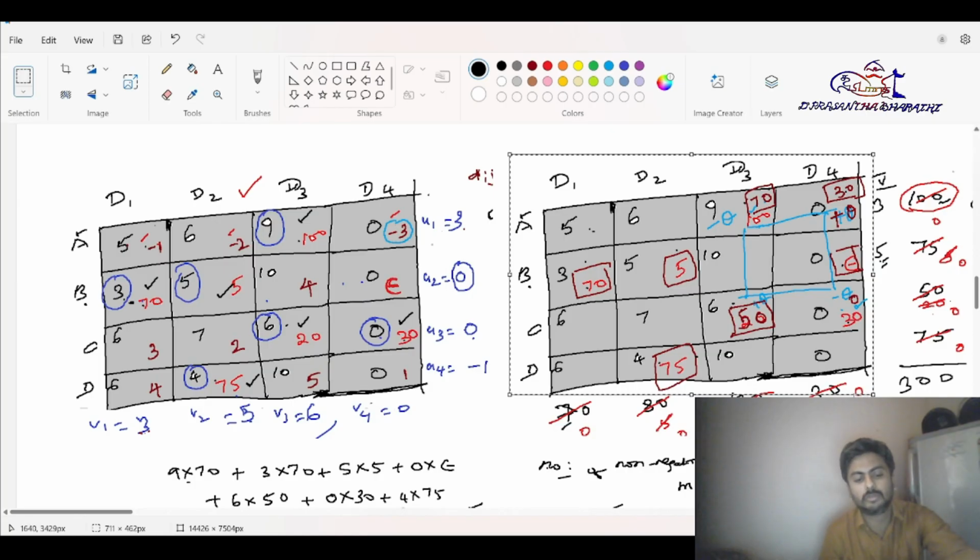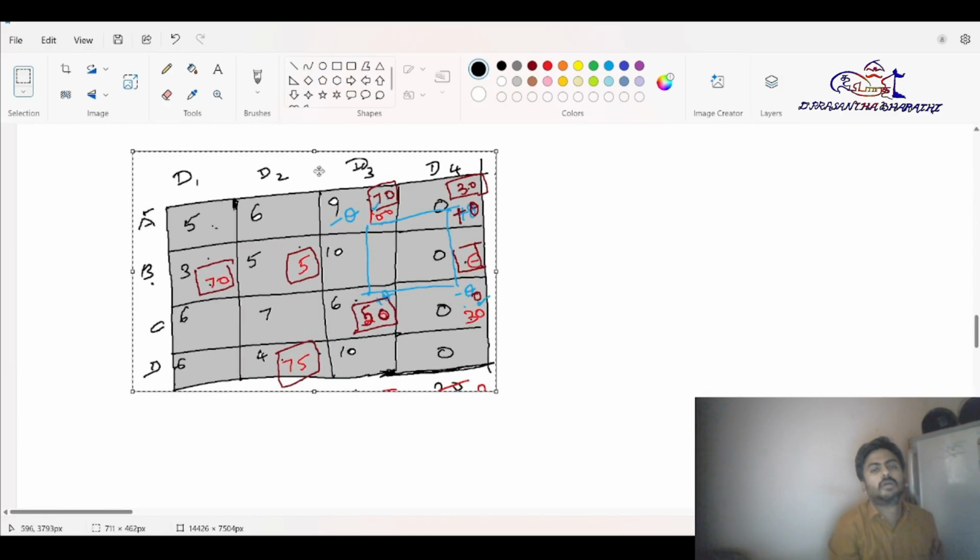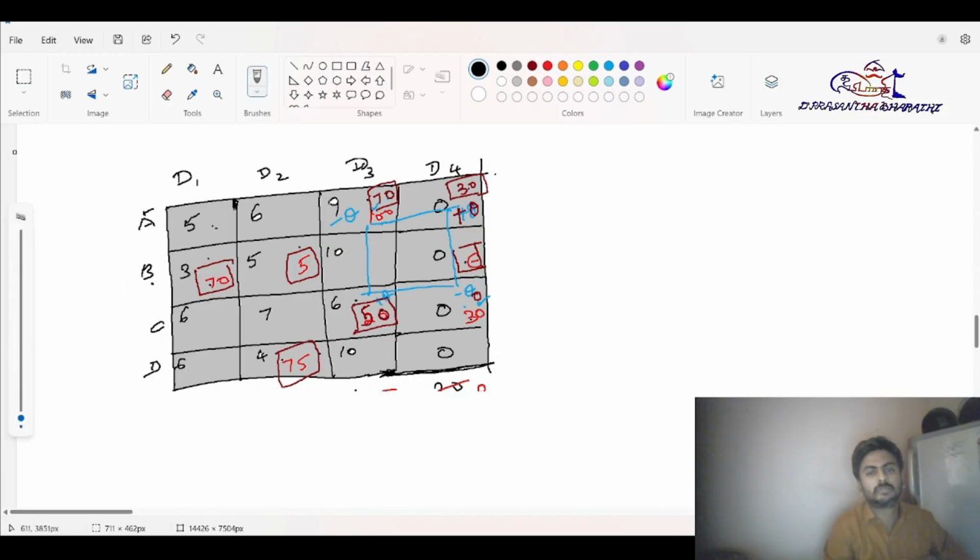Control plus C. Now paste this here. Let us remove the remaining thetas and other markings. You just have the allocations alone.